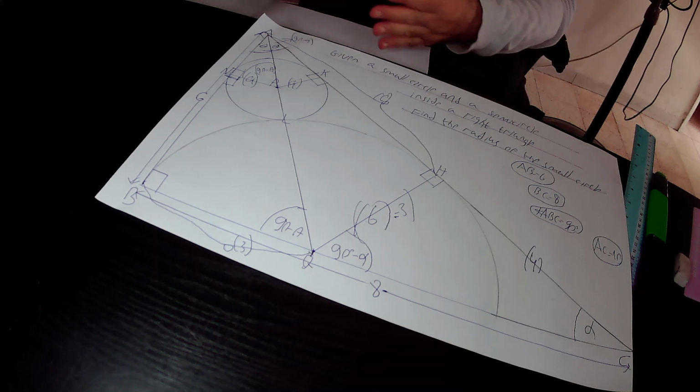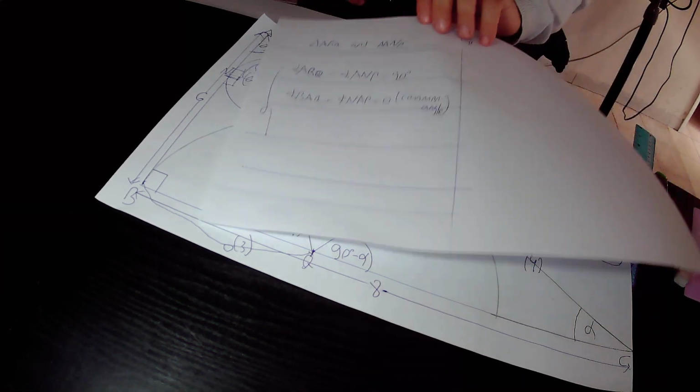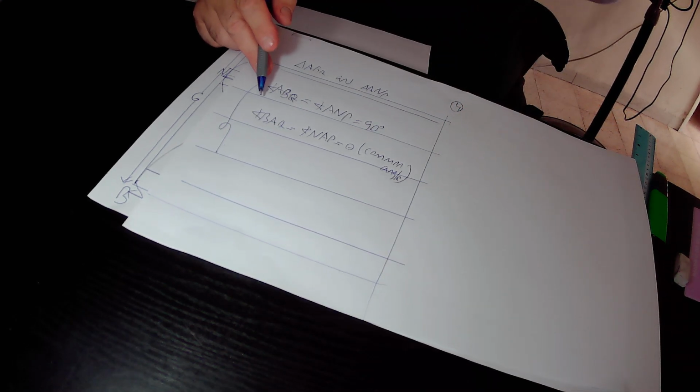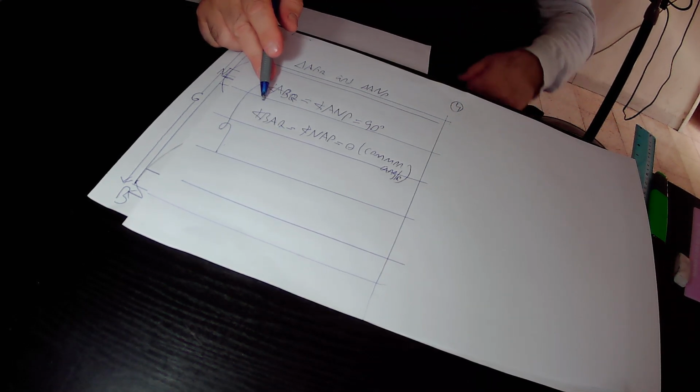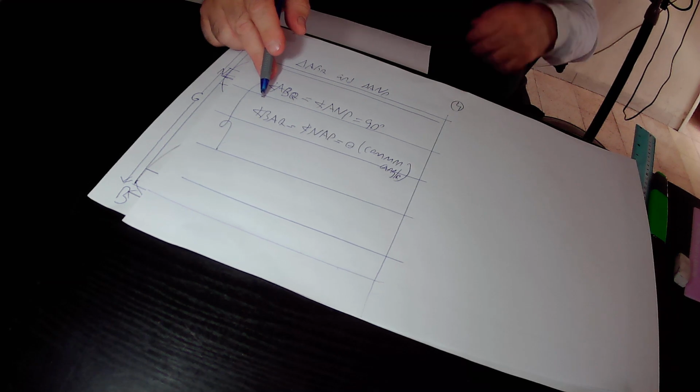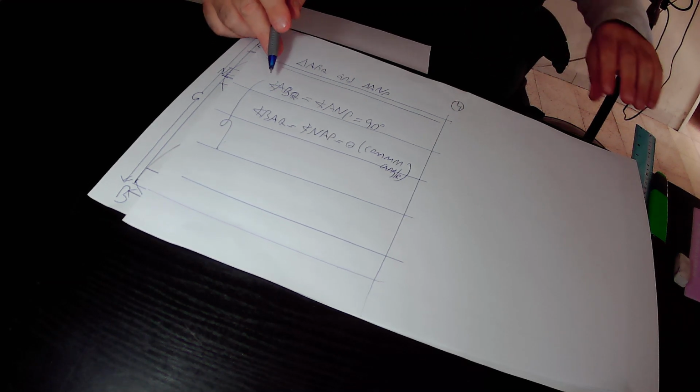Repeat again, this equation means that angle theta equals itself. We just called angle theta by two different names. It's a common angle that belongs to both triangles.